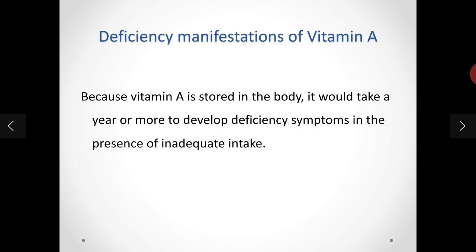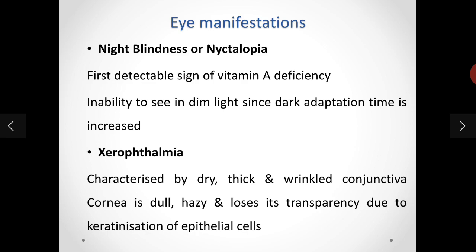And coming to deficiency manifestations of your vitamin A, because vitamin A will be stored in the body, it would take a year or more to develop deficiency symptoms. So eye manifestations: mainly night blindness or nyctalopia, which is the first detectable sign of your vitamin A deficiency.